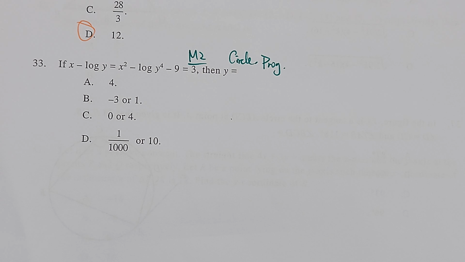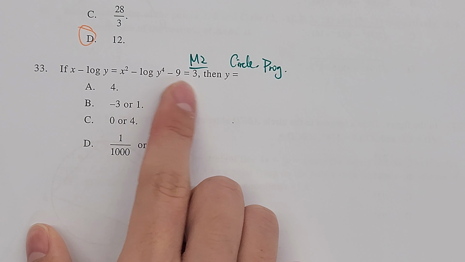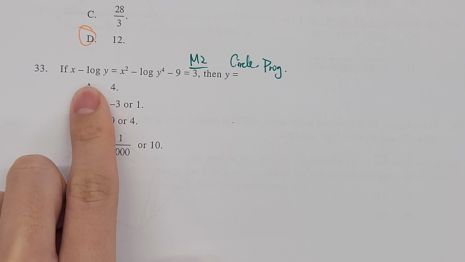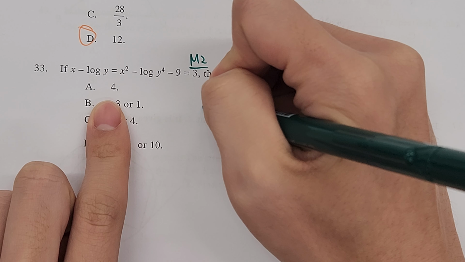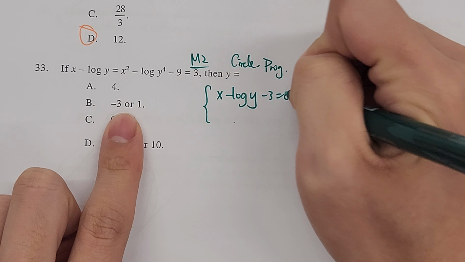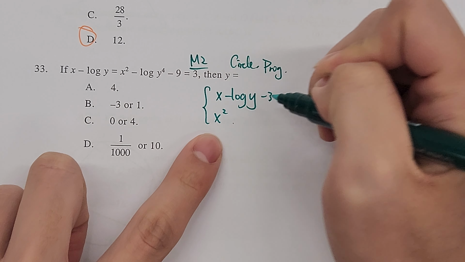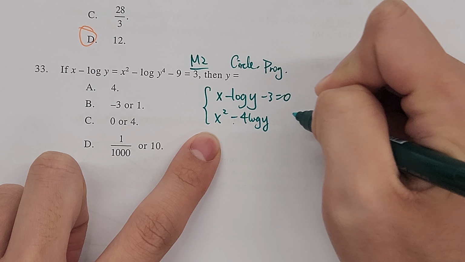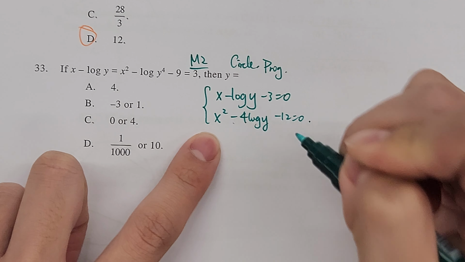Although this is not a circle equation, it means that there are two curves intersecting with each other, so you can still use the program here. So let us write down the equations again. The first is x minus log y minus 3 equals to 0, and the second is x squared minus 4 log y minus 12 equals to 0.